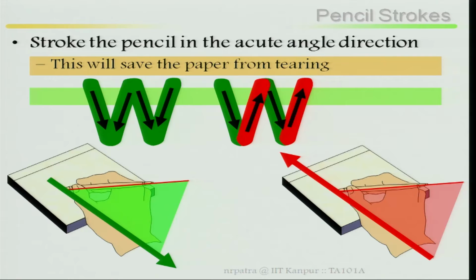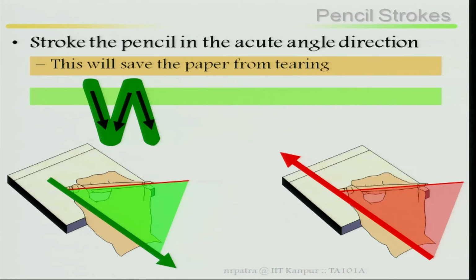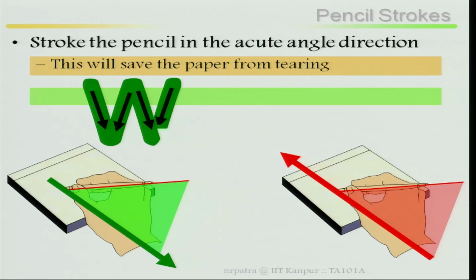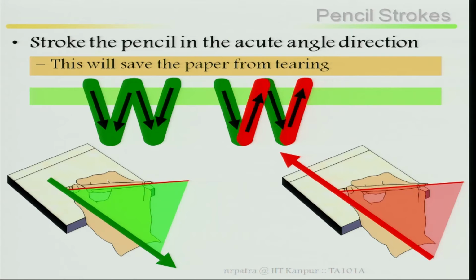There are two examples. In this W, first you make one stroke, then second, then third, then fourth. But if you write in the reverse way, it is wrong. It will tear your paper.